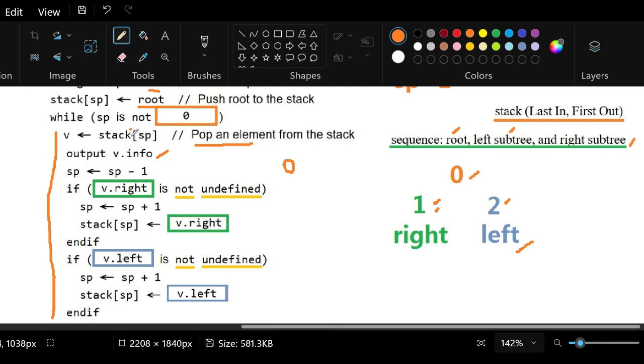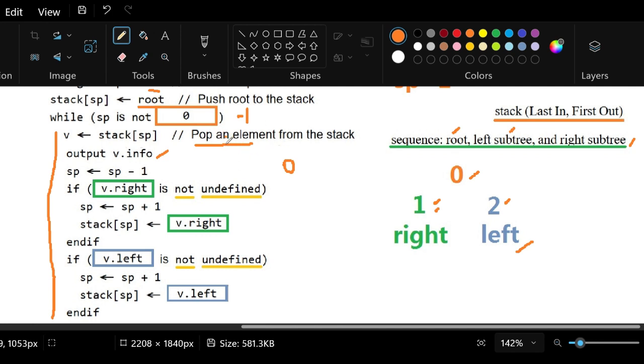We go back to the while loop asking whether SP is not 0, and we know that it's 0, so we don't need to go through this part anymore, and that ends the function. And a while ago, the alternative to 0 is -1, and if it's -1, then we'll need to go into the while loop again.